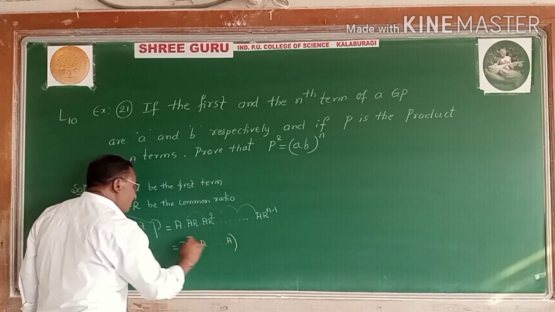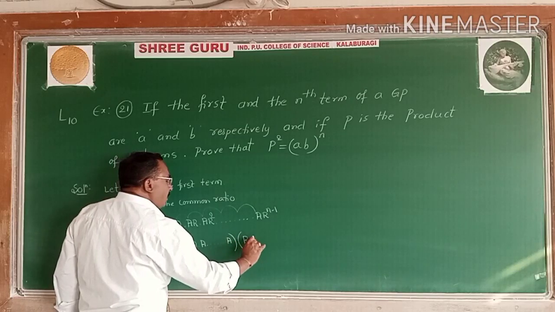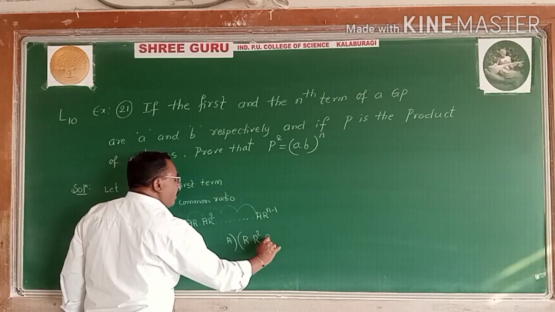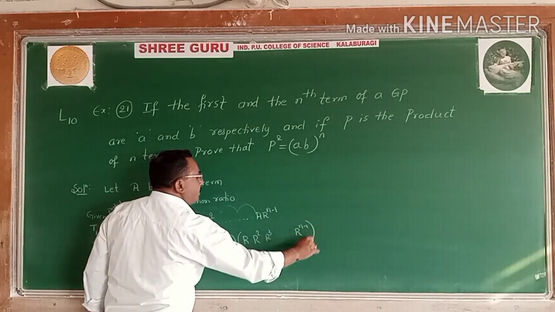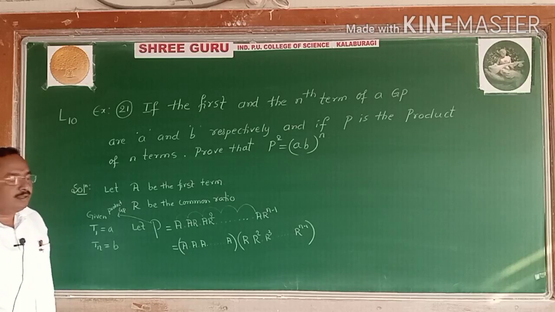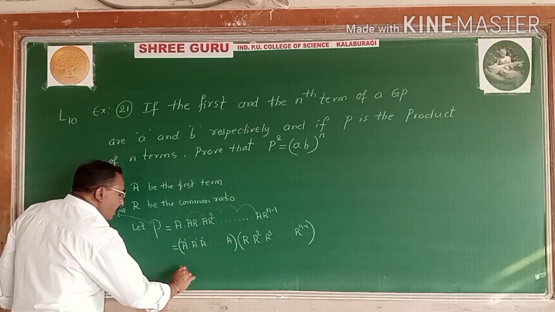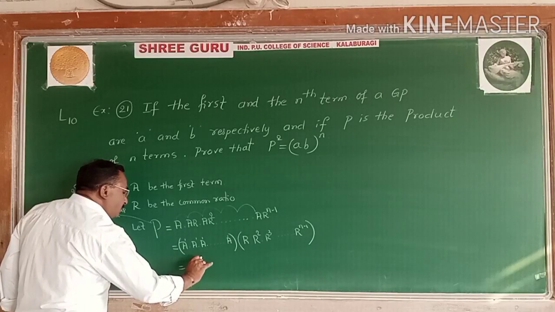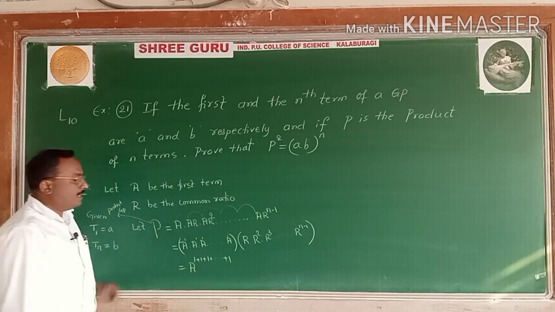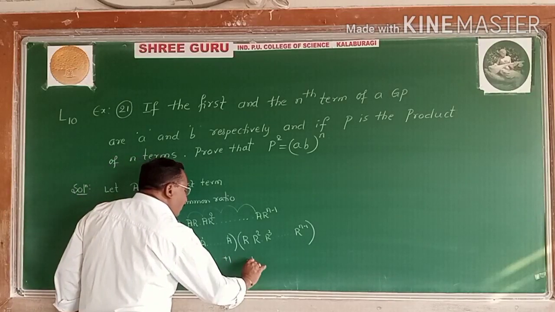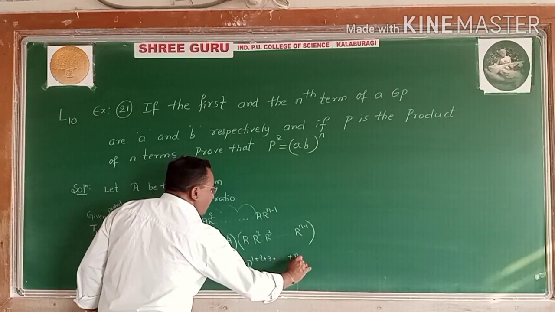Next, the product of r into r square into r cube, and so on, up to r to the power n minus 1. If there is no power, 1 is there. A power 1 plus, the same base powers should be added. This is r power 1 plus 2 plus 3 plus up to n minus 1.